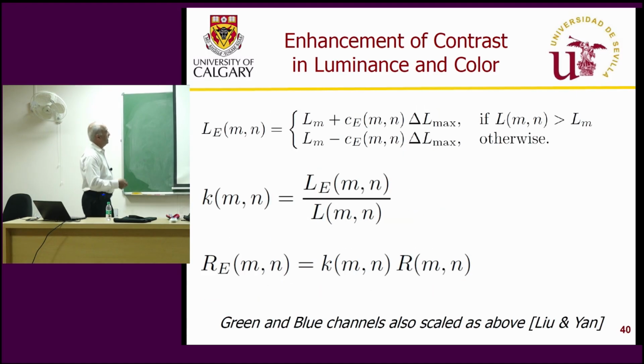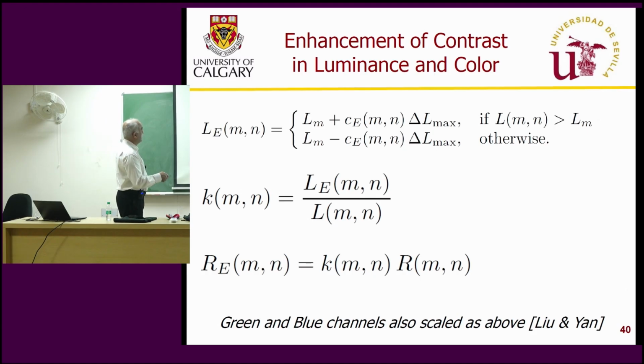And then the enhanced value is given by LM plus this factor CE times delta L max if LMN is greater than that LM, otherwise subtract. This is similar to the contrast enhancement I had described earlier.